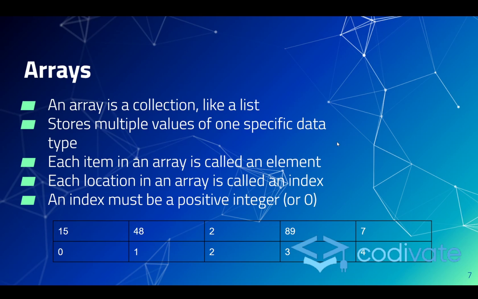You can't have multiple different things at once in an array. That might seem restrictive, but that's just how arrays work. For example, you can have an array that holds 5 ints like this. These are the indices of the array at the bottom, and these are the actual values of the elements at the top.